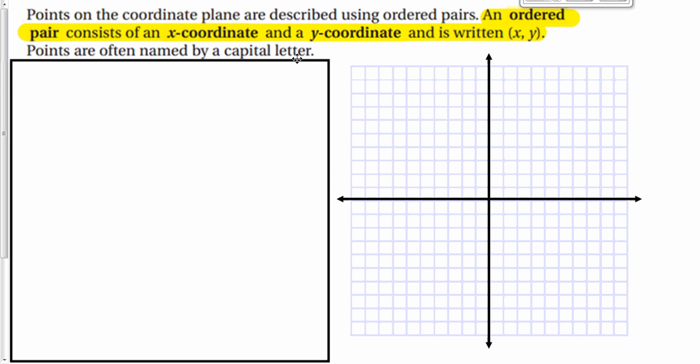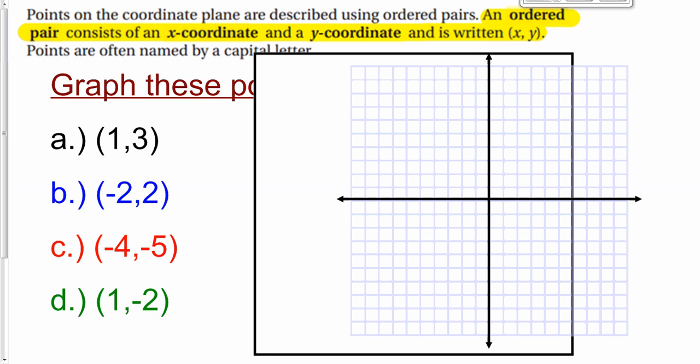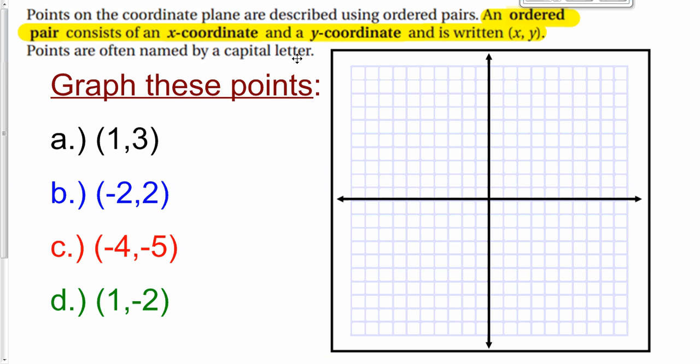All right, so move this over here, and we'll do a couple of these points. Now if you don't see numbers on your coordinate grid, each little mark will represent 1. So 1, 2, 3, 4. Same with going up, unless otherwise specified. Sometimes you've got to be careful because if they provide a picture for you and they go up by 2s, that's something you're going to want to know. All right, so if I graph A at (1, 3), this means I'm going to go over 1, that's positive, and up 3.